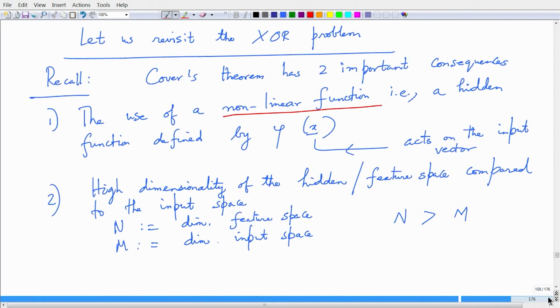Now let us revisit the XOR problem. Though there is no direct implication, the idea behind Cover's theorem leads to an important consequence, and this consequence is we can use a nonlinear function, which is also called a hidden function, that acts on the input vector to lift it to a higher dimension.